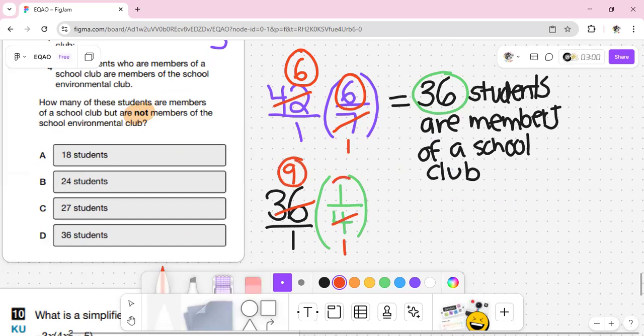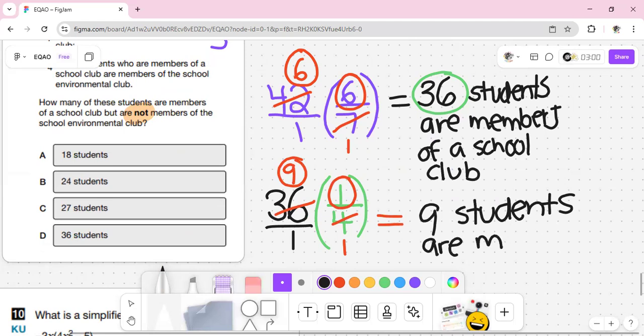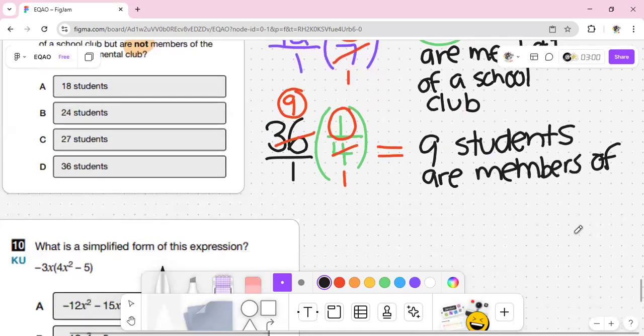So 9 times 1 tells me that there are 9 students that are members of the school environmental club.